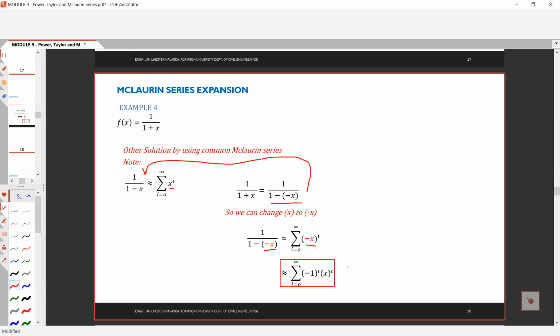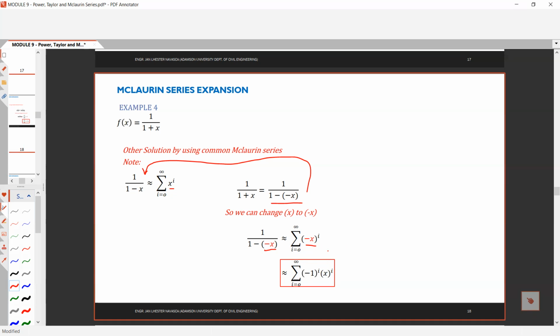Okay? So, now ito na yung answer mo. The Maclaurin series expansion of 1 over 1 plus x is simply negative x raised to i, from i equals 0 to infinity.